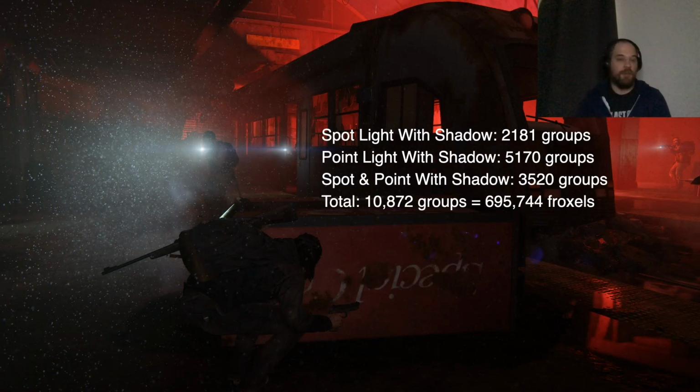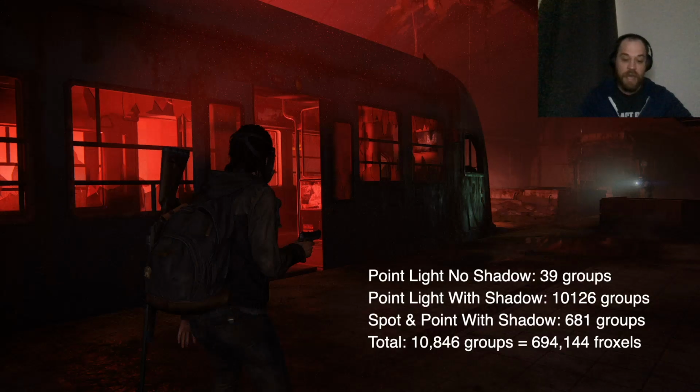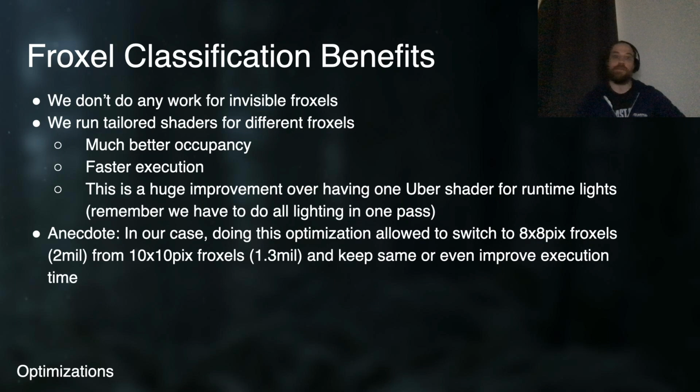So, spotlights, and remember, whenever we were doing the pre-processing for light sources, we were storing the bit mask of what kind of light sources are affecting the Froxel group, and that could mean point lights, spotlights, shadow, non-shadow, and all that, and we use that for classification. So here's an example of how these Froxels everywhere here were split between spotlight with shadow, point light with shadow, and spot and point light with shadow, and so on.